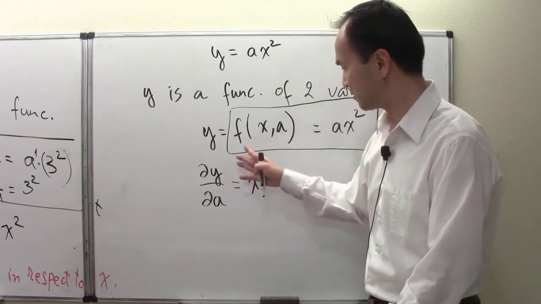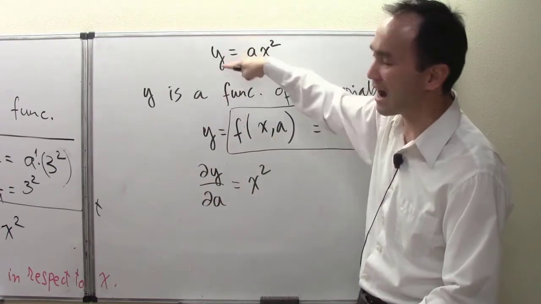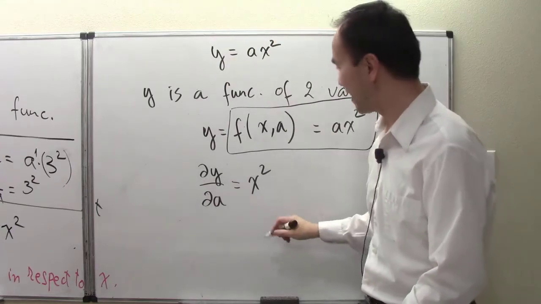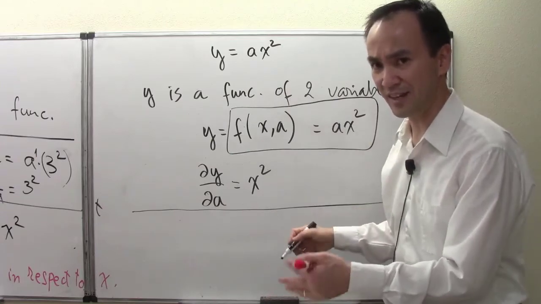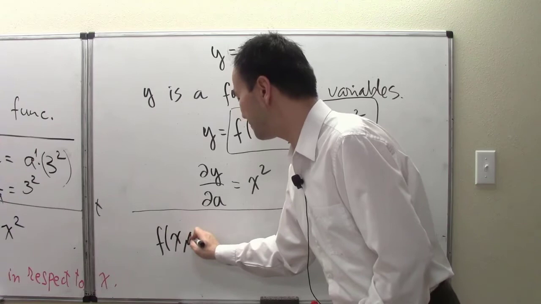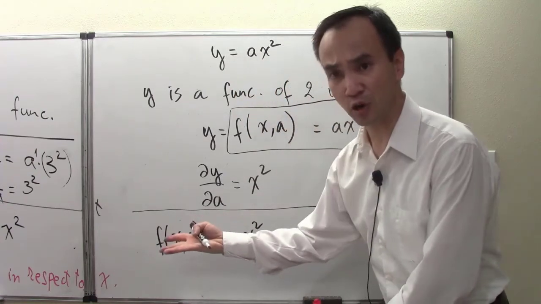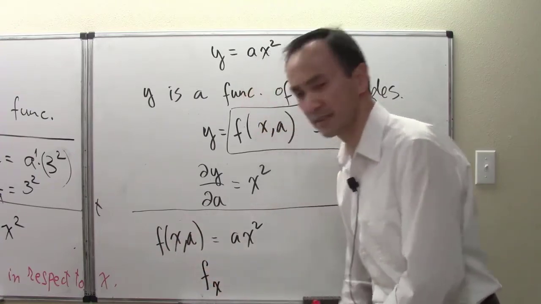But we use this symbol corresponding to the case where our function is written in an equation form like this. Now if our function is written as, so I'm going to create a separate space right here, kind of like a separate world. If our function was written f of x comma a equals a x squared, then an alternative notation is the following: f with a subscript x.